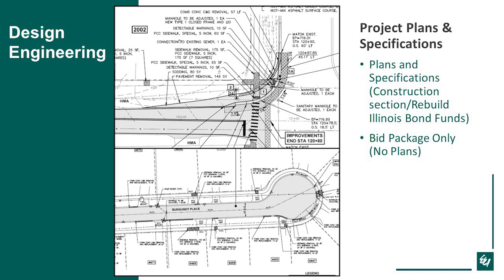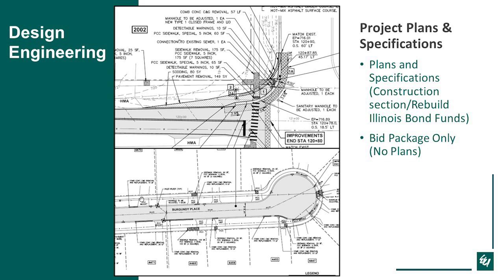The project plans and specifications: Rebuild Illinois funds, bond funds, which I'm sure you're all familiar with. Any projects that are utilizing those funds need to have plans and specifications. Also, any projects that are considered by IDOT to be a construction section and not a maintenance section would require plans.